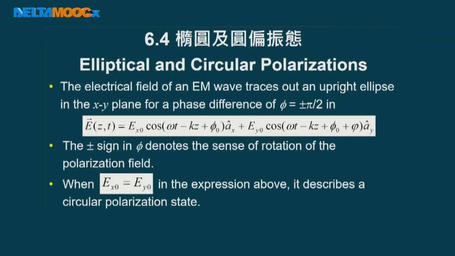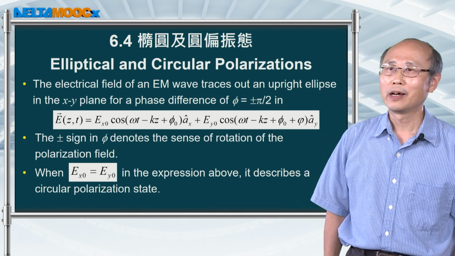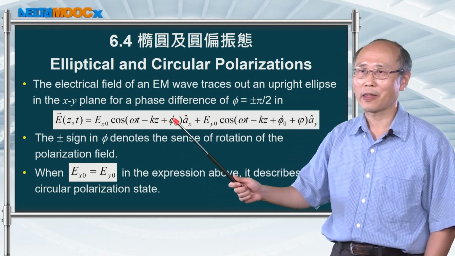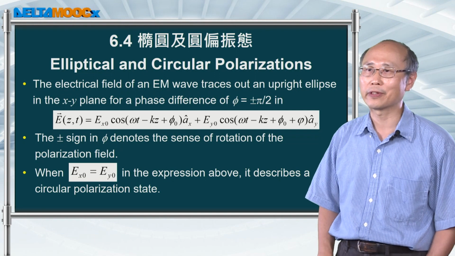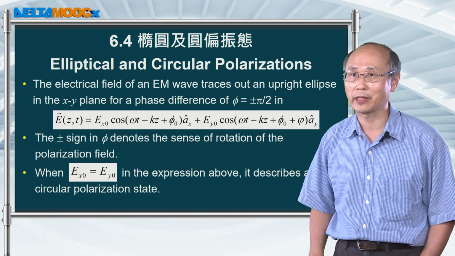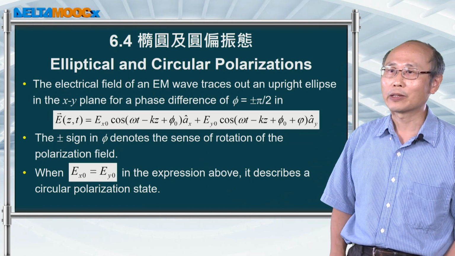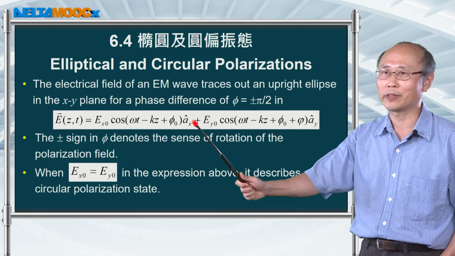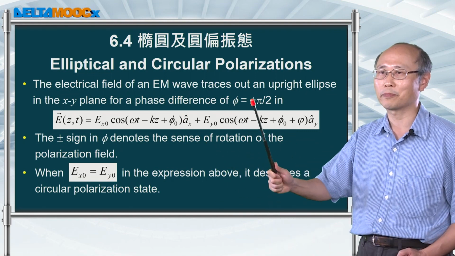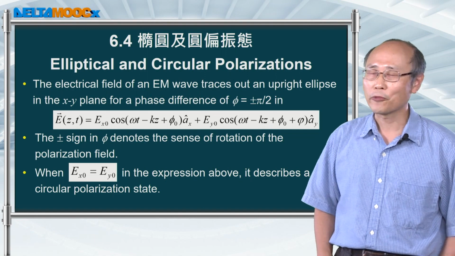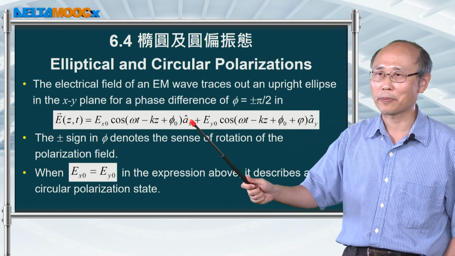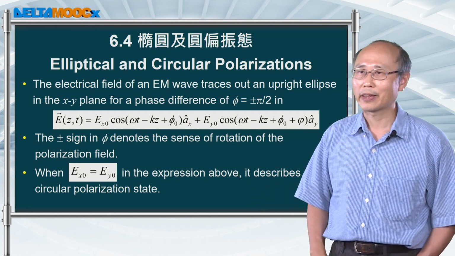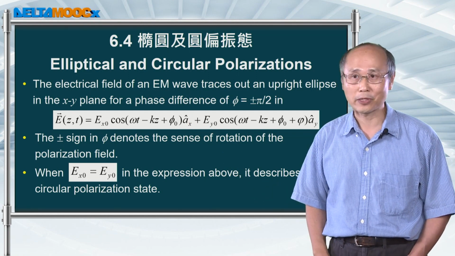In this session, we talked about elliptical polarization and circular polarization. We first wrote down the general expression for the x component and y component of the electric field for a wave propagating along the z direction. And we allowed the phase difference between these two components to be plus minus 90 degrees. And we found that the electric field on the xy plane will trace out an upright ellipse.